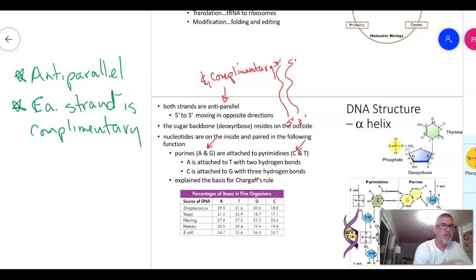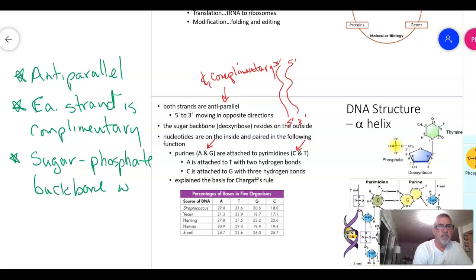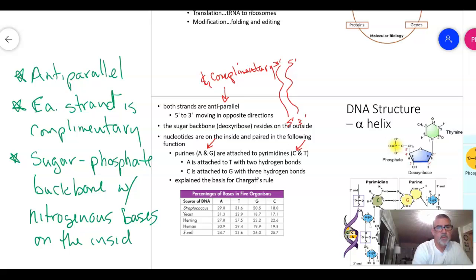It has a sugar and nitrogenous bases on the inside.